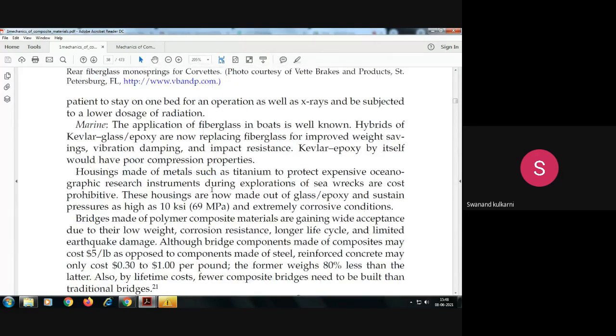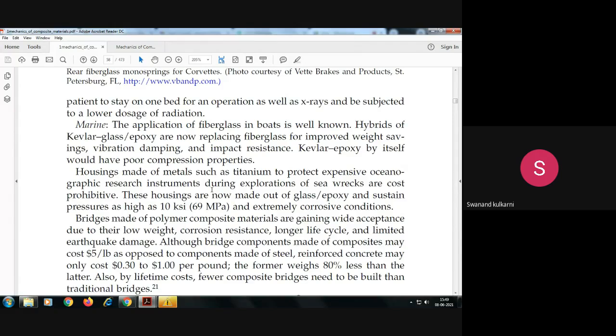So we started with space aircraft applications, then space applications, sporting industries, medical applications, and now marine applications. So fiberglass that is used in the boats, that is well known. The hybrids of Kevlar glass epoxy are now replacing fiberglass for improved weight saving.